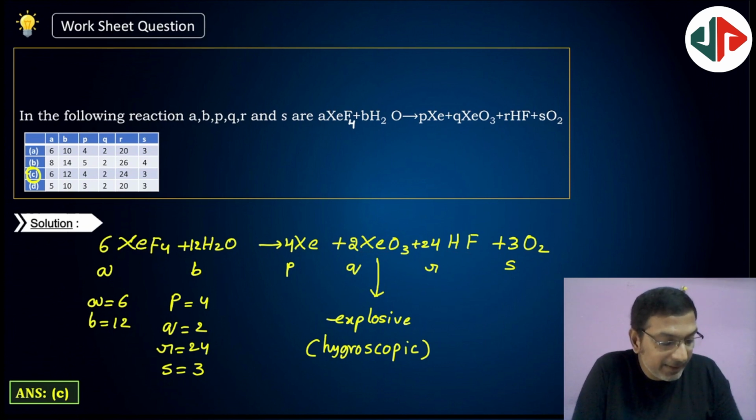So remember, XeO3 xenon trioxide is hygroscopic and explosive, highly explosive. Hygroscopic means this compound can absorb water vapor from the atmosphere. So by observing these stoichiometric coefficients, the option will be C, 6, 12, 4, 2, 24, 3.